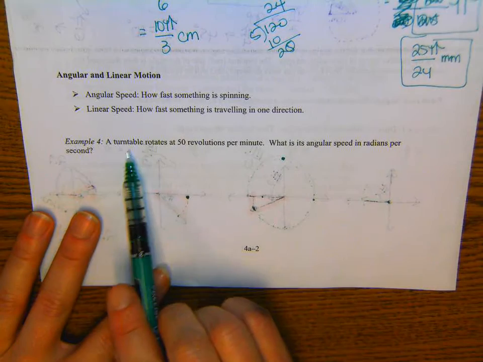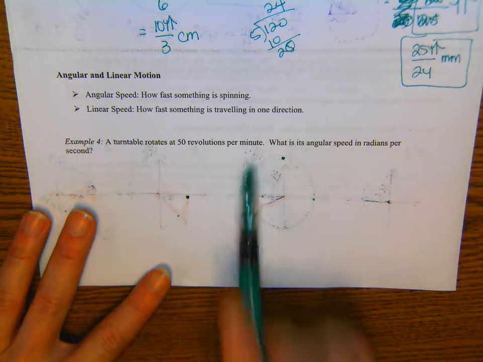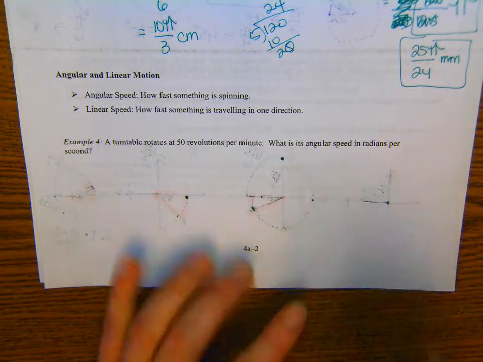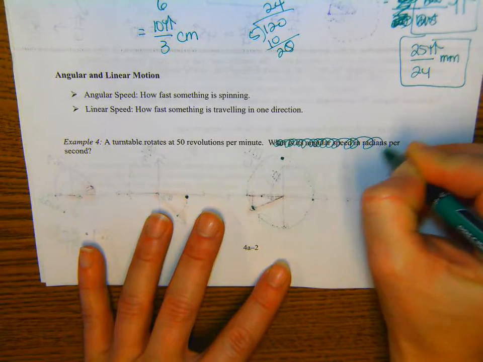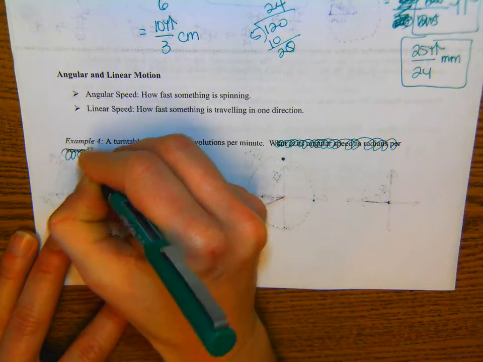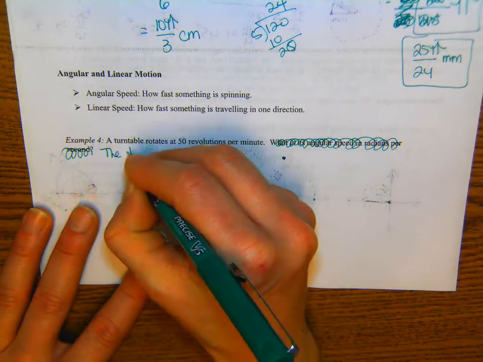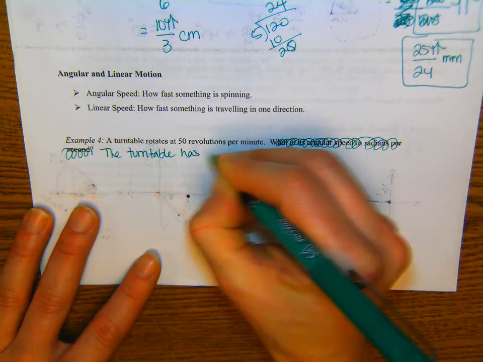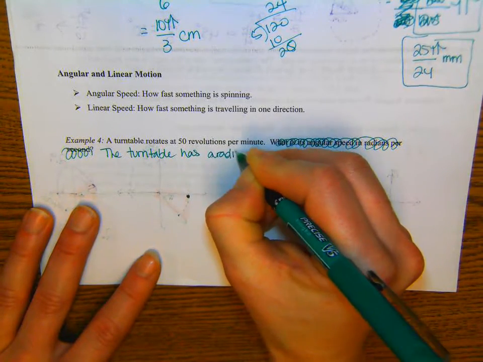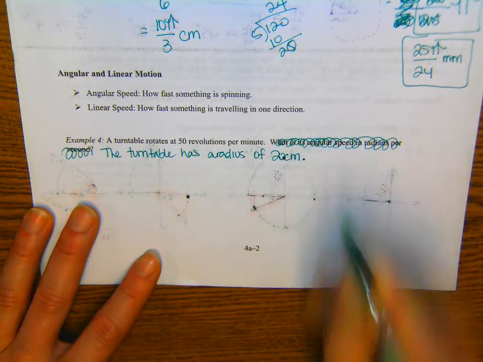So, let's say I told you a turntable rotates at 50 revolutions per minute, and I'm going to have you actually do this. We're going to find some linear speed. I'm going to tell you the turntable has a radius of 20 centimeters.